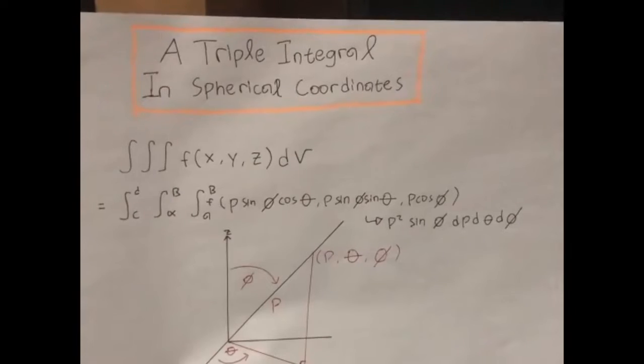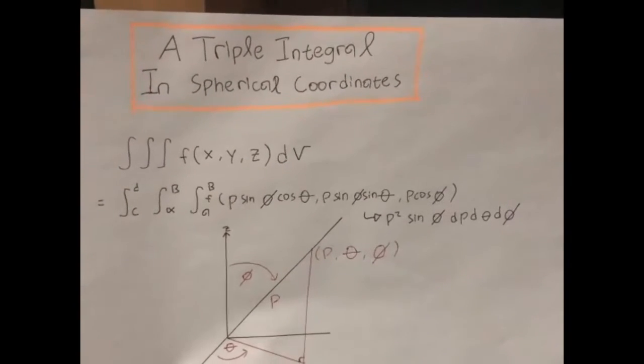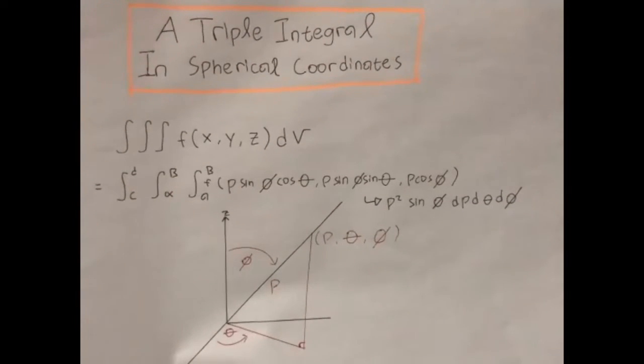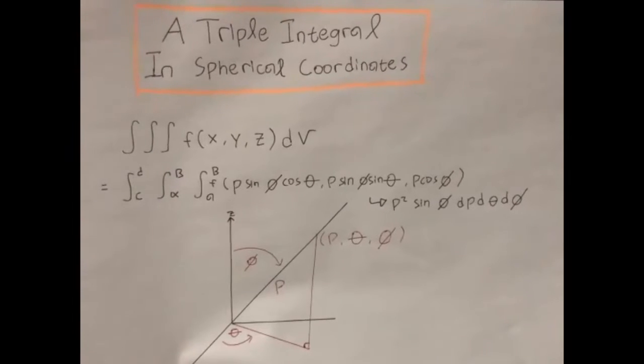And then we have to multiply all of that by p squared sine phi dp d theta d phi.